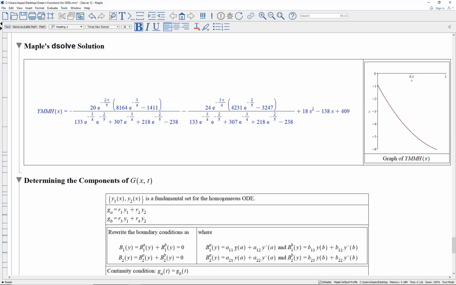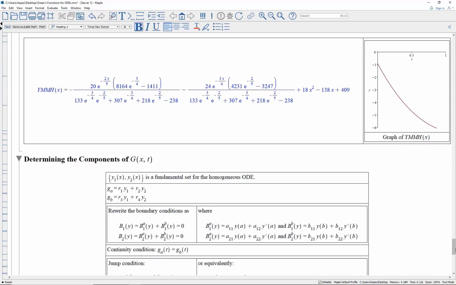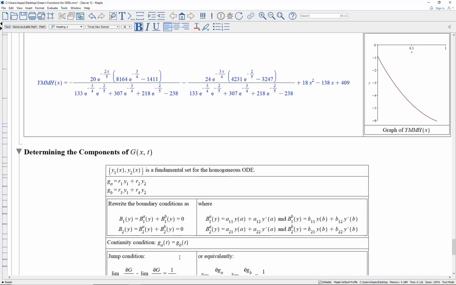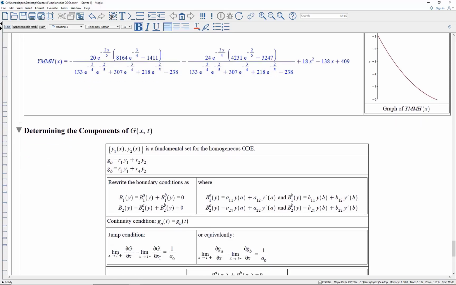And so it would look like this. The A part, the B part. The A part, the B part. We apply the continuity condition that the A part and the B part have to be continuous. And we apply the jump condition. So the jump is 1 over A0.